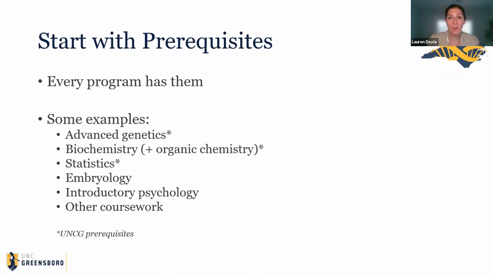Just send an email or call the program and try to talk to somebody about whether or not what you have as your coursework satisfies prerequisite requirements. It will save you a ton of time and effort, potentially money going through an application process if what you have does not necessarily align with what they're looking for.